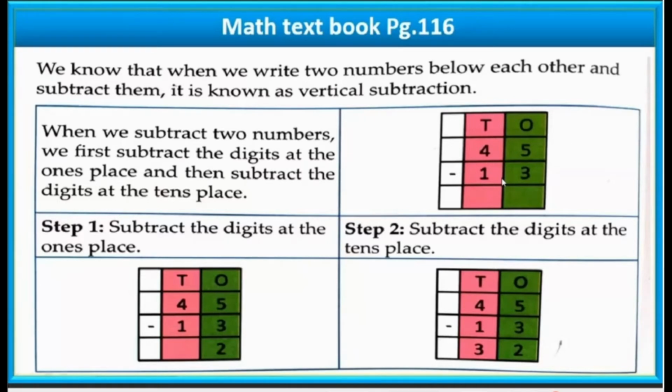So see the numbers they have given here: 45 minus 13. First we have to place it in the correct place values, tens and ones, then calculate the ones place, and then move on to the tens place, subtract and get the final answer.